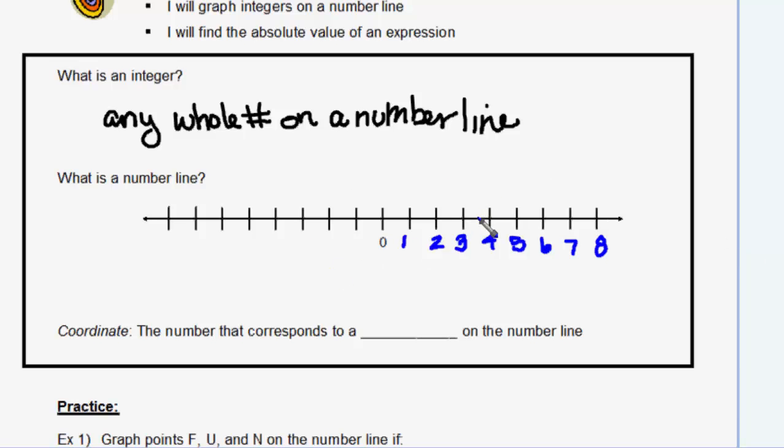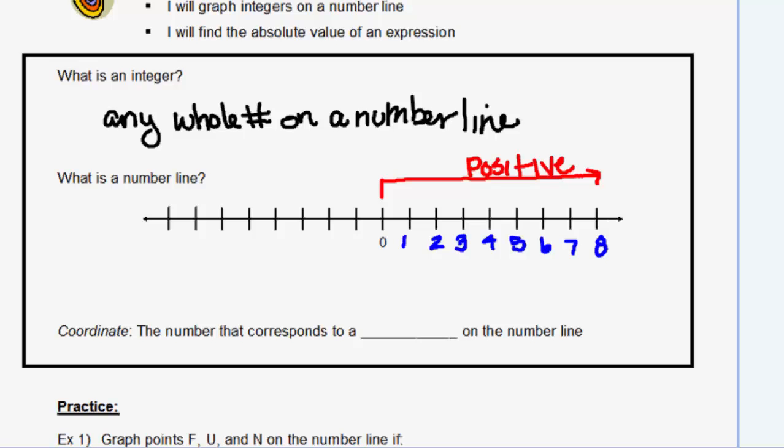Notice how between these two tick marks we could have 3.5, but we're not listing those on the number line. So these are going to be our integers that we're talking about. Anything to the right of 0 are all positive numbers, and they're gradually getting larger.